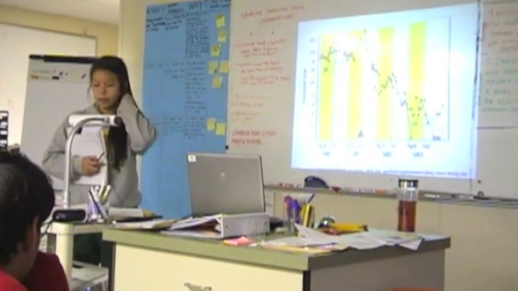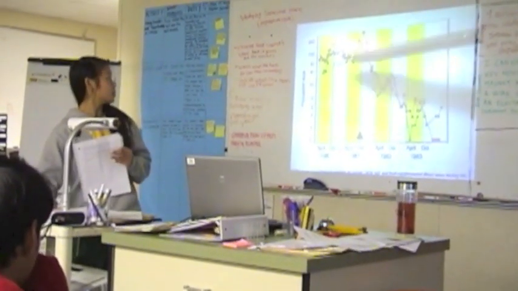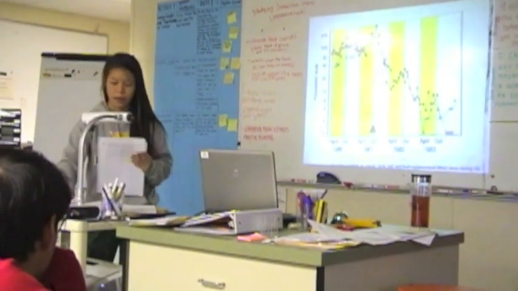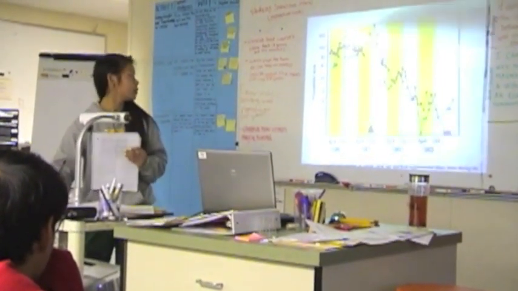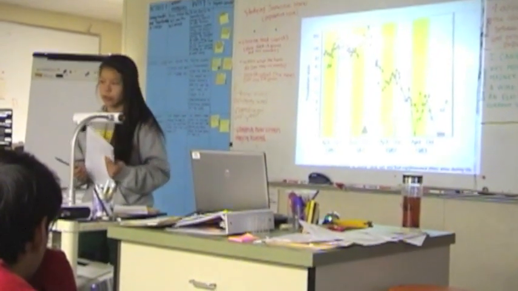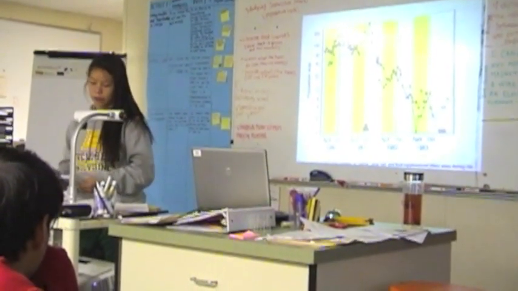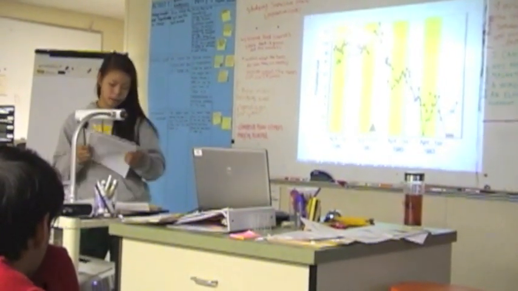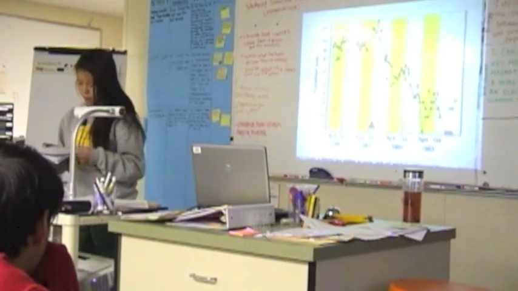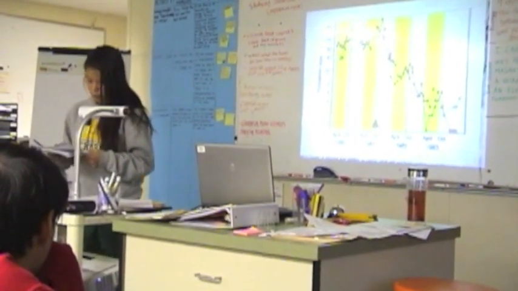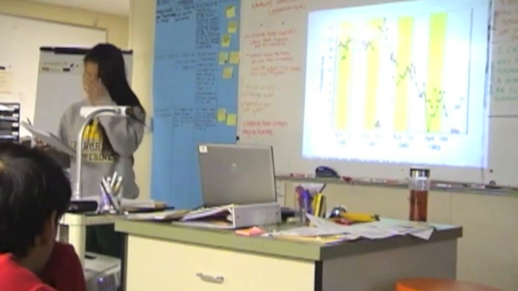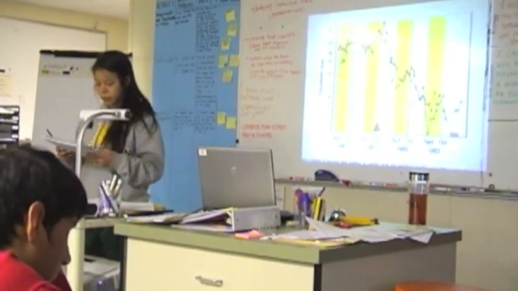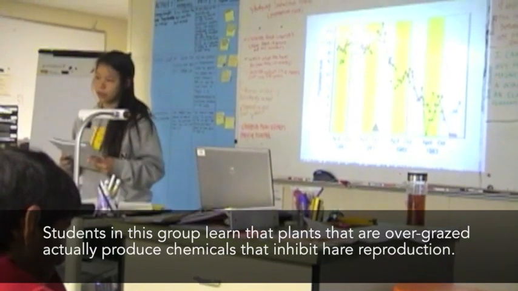The red line is the normal population, like the actual data, and then the blue line is the population when they gave the hares food, like they actually gave them natural food that they always eat, and then it actually follows the original line. So the conclusion is that the extra natural food given to the hares does not affect the population, and the chemicals in the food that they eat actually cause the hares to not reproduce.